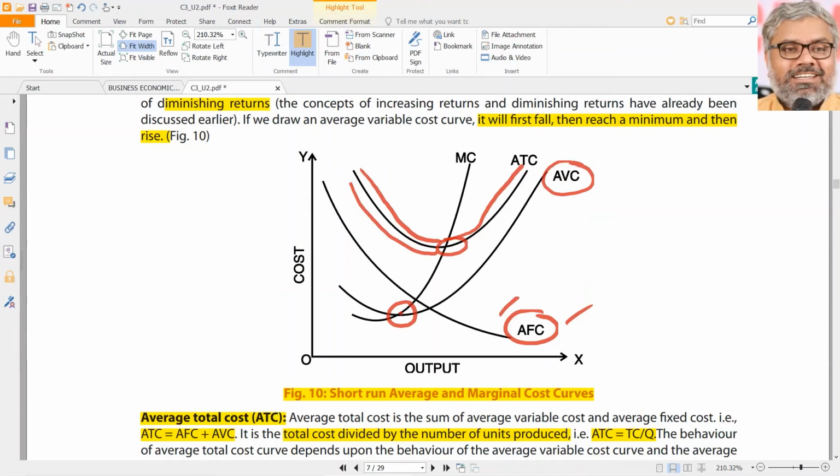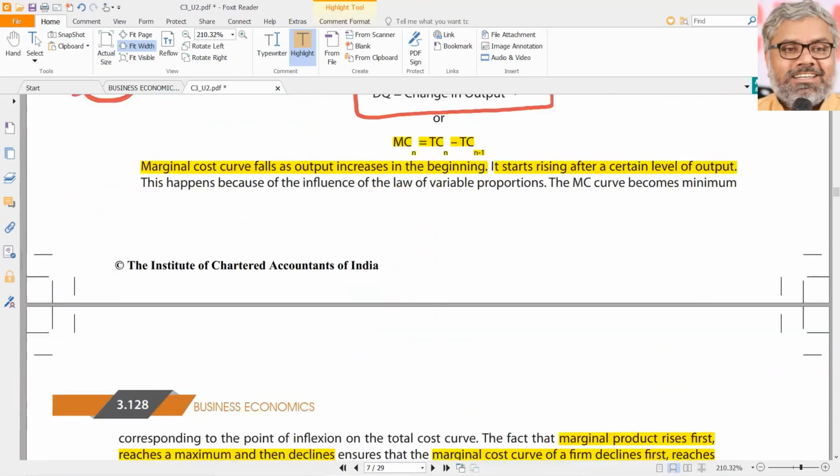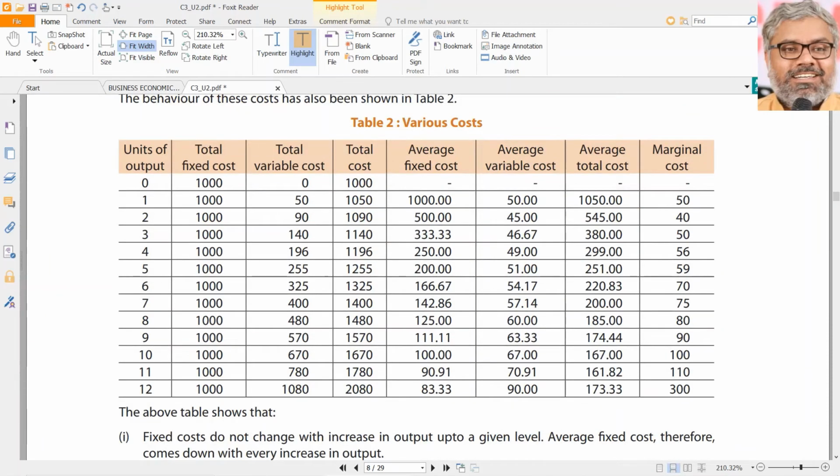This graph, that is figure number 10, you have to practice many number of times according to the relationships existing between those things. You have to be able to draw them. But if you observe the data related to marginal cost, average total cost, average variable cost and average fixed cost, we can take this table also for observation and understanding purposes.